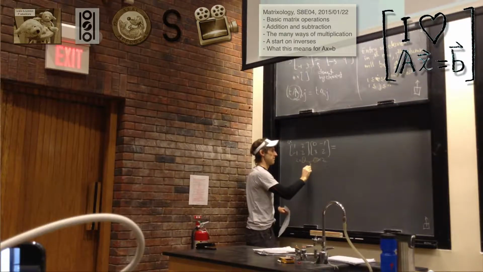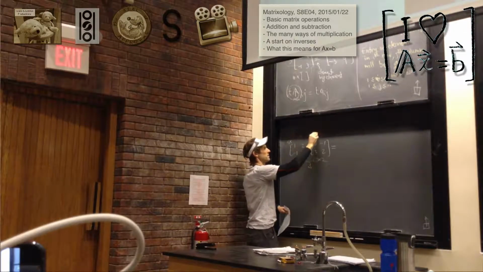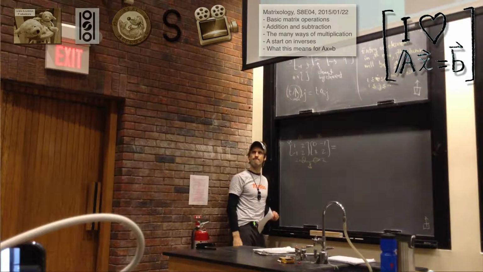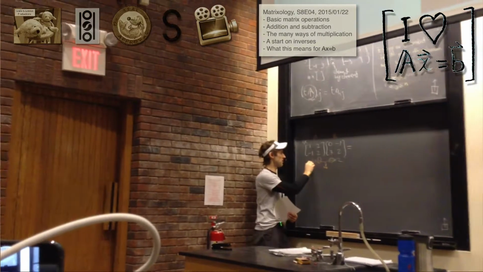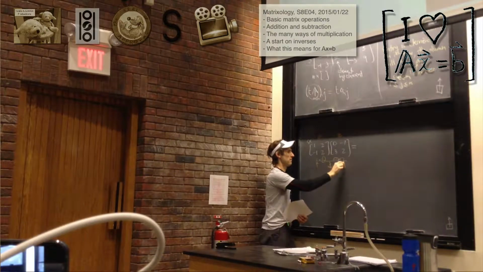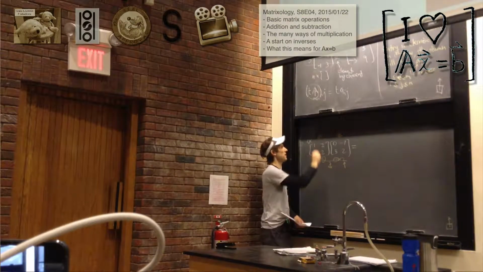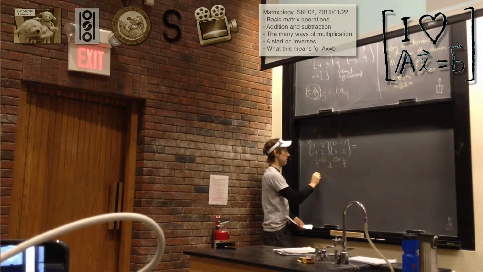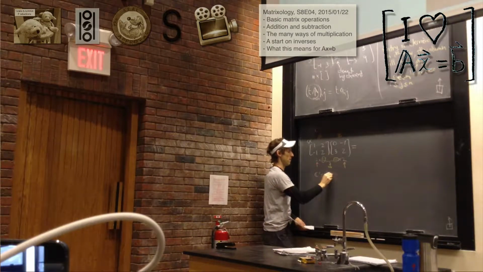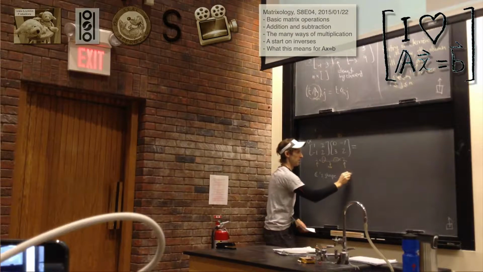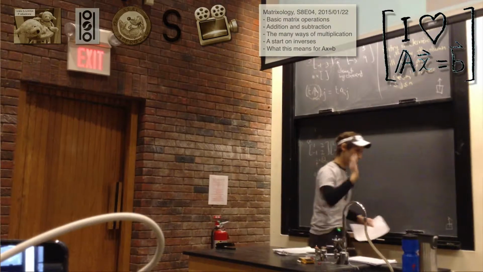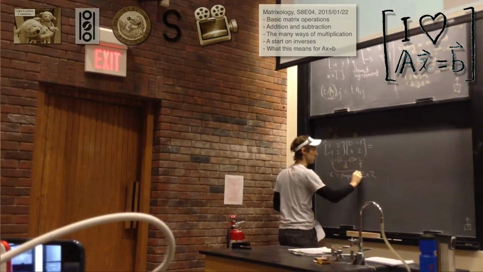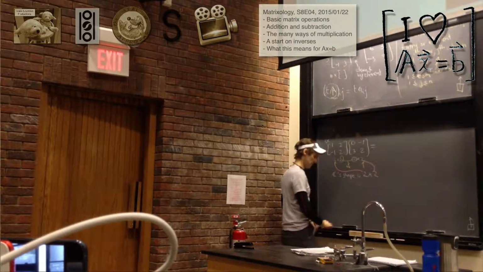This is our A. This is our B. And this is the resulting shape here. So C equals A times B. C's shape is 2 by 2. And I know they're all 2s, so that doesn't really help, but I'll connect which 2s they are.